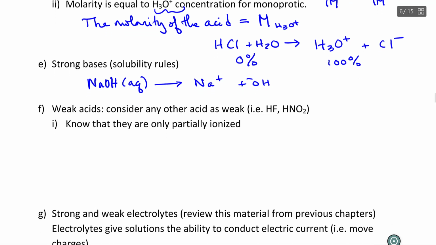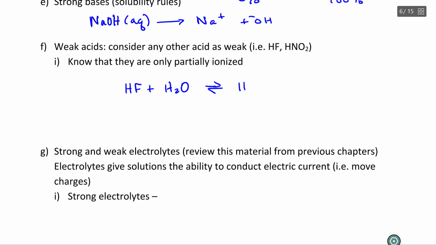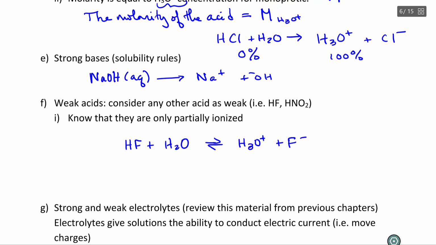Now, when we do weak acids, the definition of a weak acid is an acid that only partially ionizes in solution. So if I have HF, I can write the same reaction, HF plus H2O makes H3O+ and F-, and this is an equilibrium. When they're weak acids, we put equilibrium arrows. For all practical purposes, these two reactions look the same.